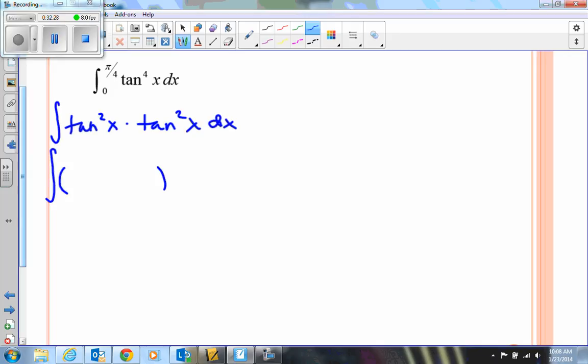I'm going to change one of those to secant squared x minus 1. Okay. Now I'm going to distribute.